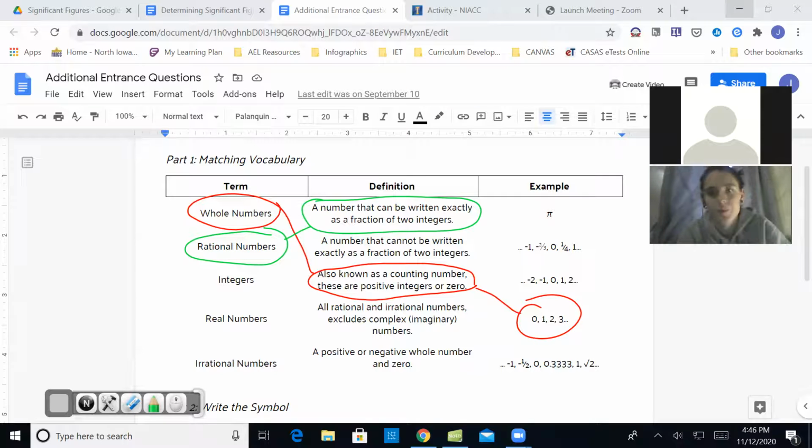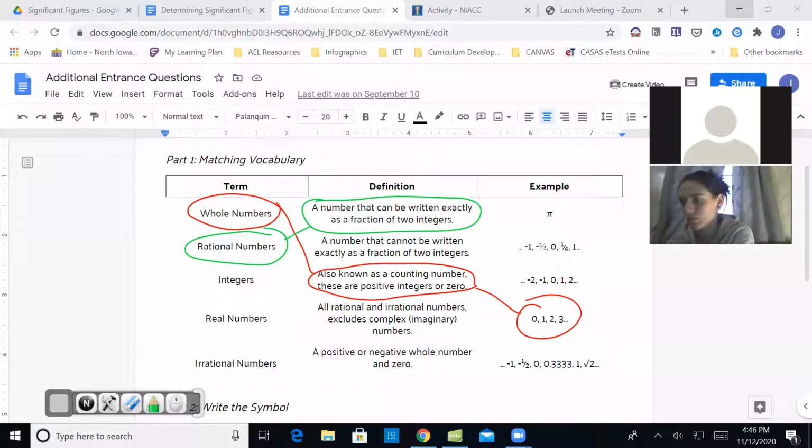And if we look at the next one down, we have -1, -2/3, 0, 1/4, and 1. So we have some fractions there. So that could be an option. The next one down, we have -2, -1, 0, 1, and 2. None of those look like fractions right away, right? But we could write each of those as a fraction.